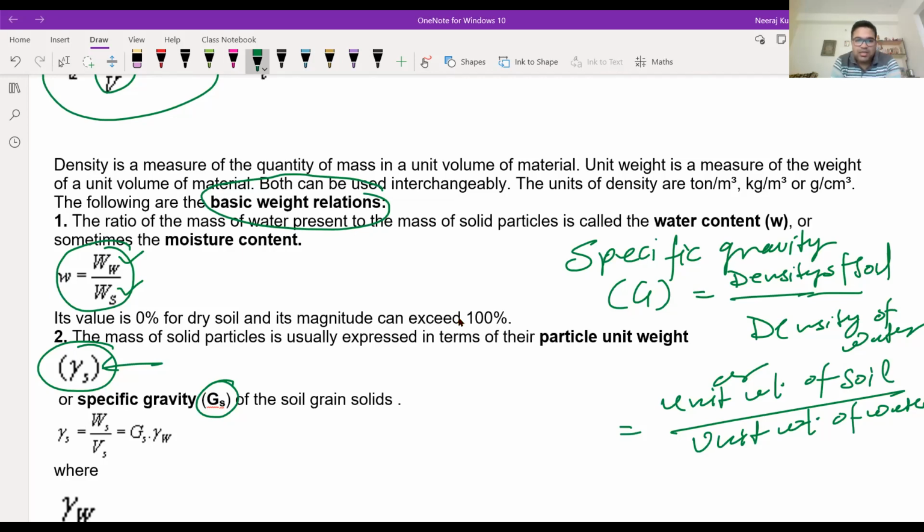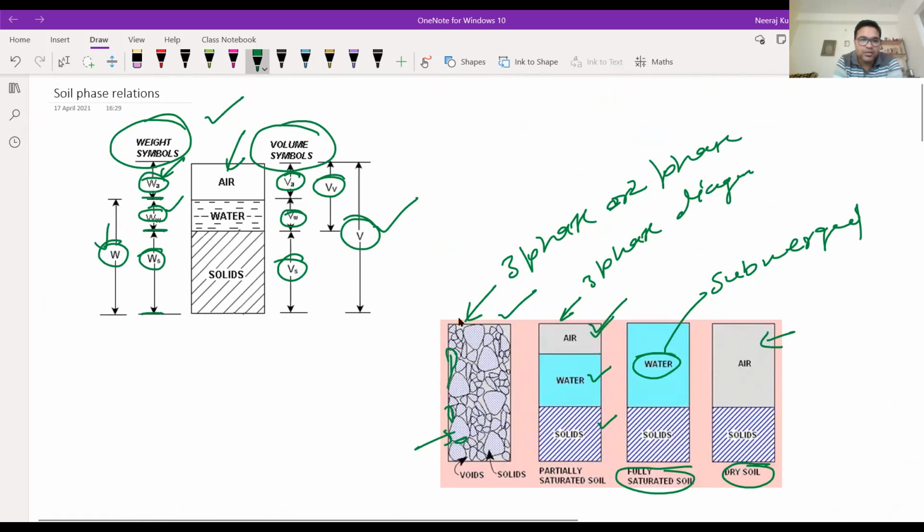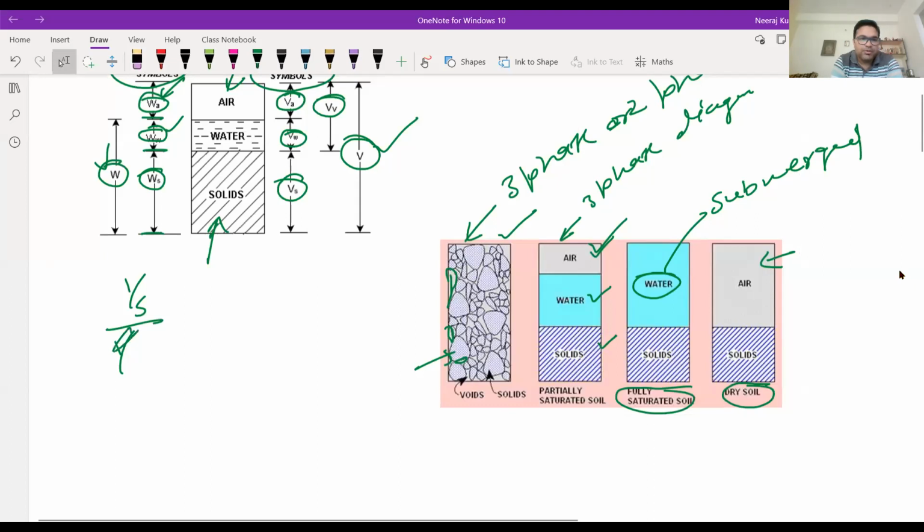If we want to find out the specific gravity of the solids only, or the unit weight of solids only, in that case it becomes gamma S upon gamma, sorry, it will be gamma S, the unit weight of soil.